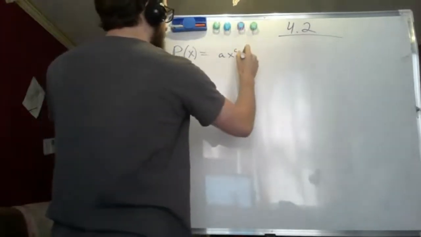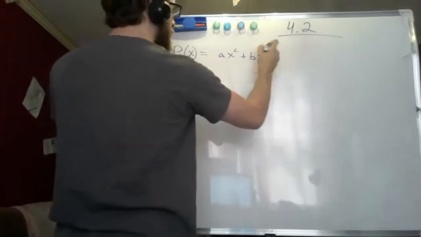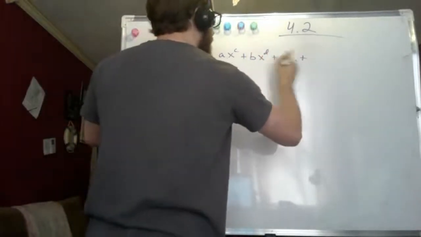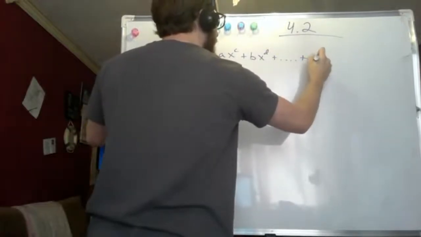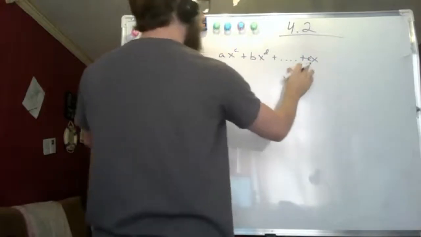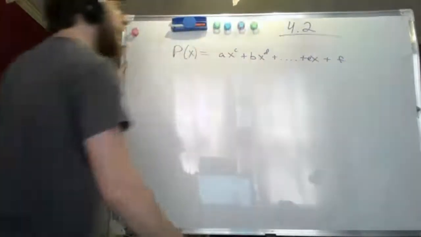And then maybe we got a plus, and there's a b, there's another power, and then x raised to, I don't know, d. And this can go on and on and on until you get to x by itself to some other power, or times some other coefficient, plus some final constant f. Whatever.